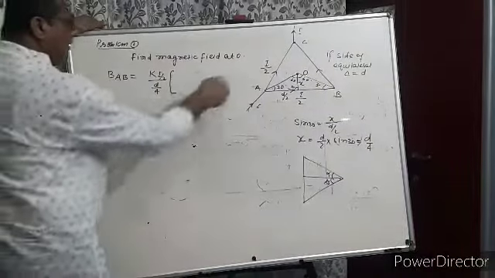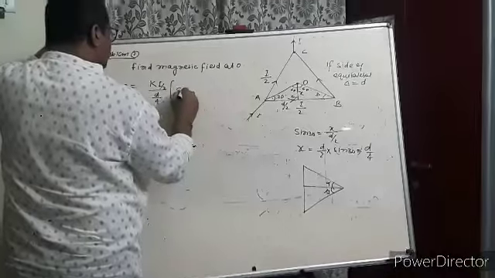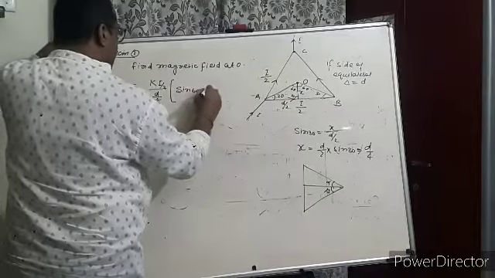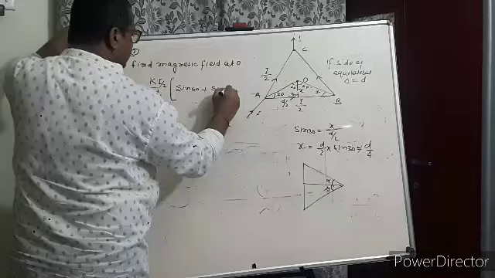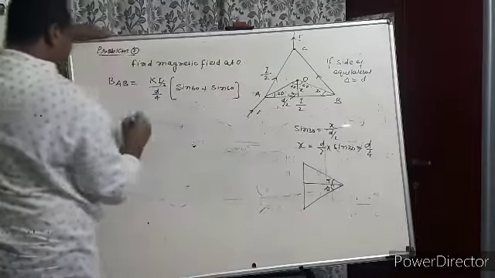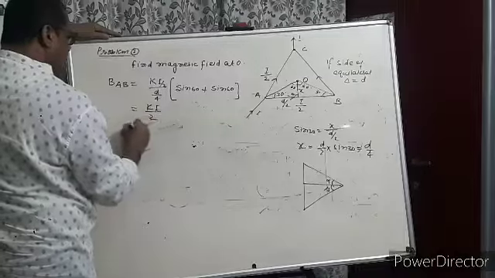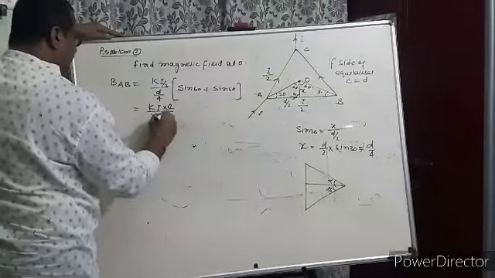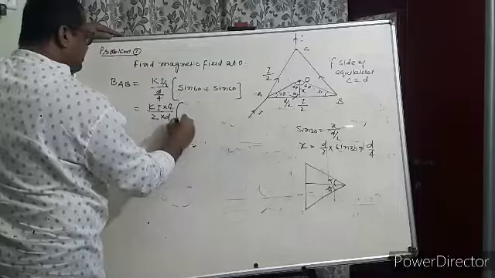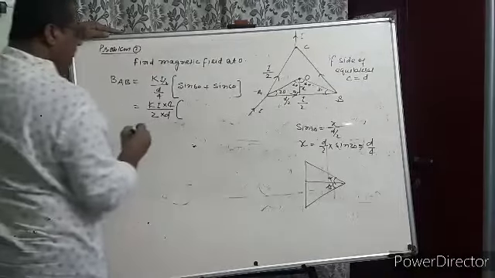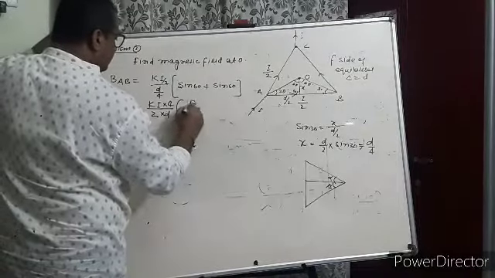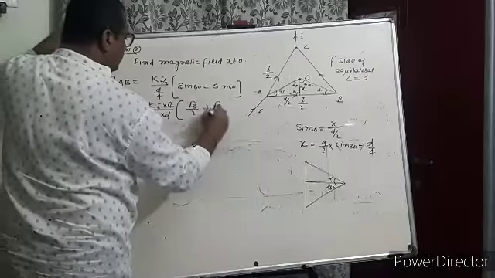So sin alpha will be equal to sin 60 plus sin 60. This will be equal to K I by 2 into 4 by d, times sin 60, root 3 by 2, plus root 3 by 2.